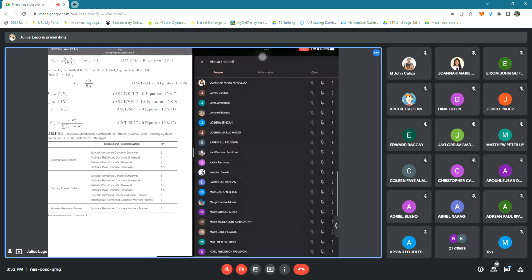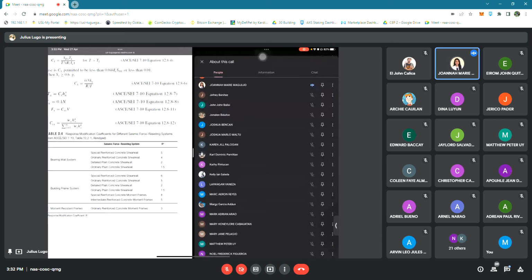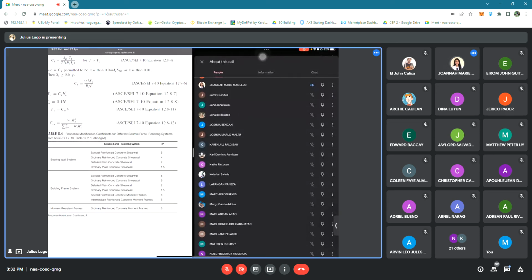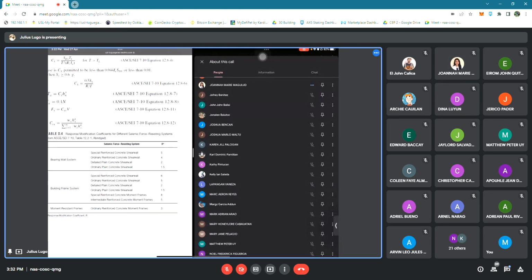Like who? Sinong gumagamit nito? Like you mentioned, it's being used by an engineer. Sa earthquake engineering po, sir, mostly po yung kadalasang ginagamit po, sir. Earthquake engineering. Okay. Benitez.